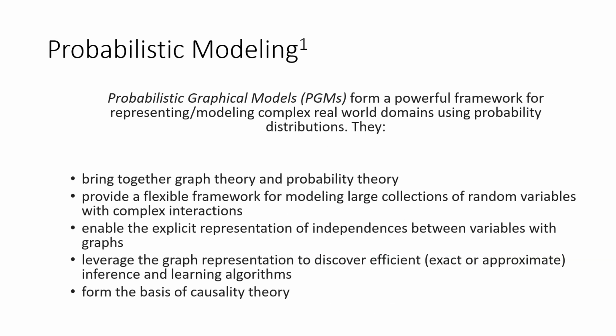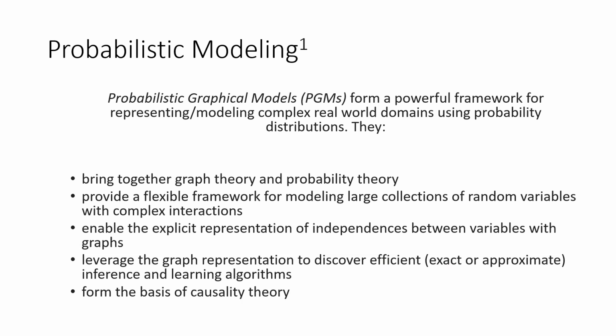Okay. So, having said that, probabilistic graphical models, one example of which we saw in the previous slide, are a powerful framework for representing or modeling complex real-world domains using probability distributions. They bring together graph theory and probability theory. Graph theory, because we represent some of the dependencies or independencies between random variables using a graph.